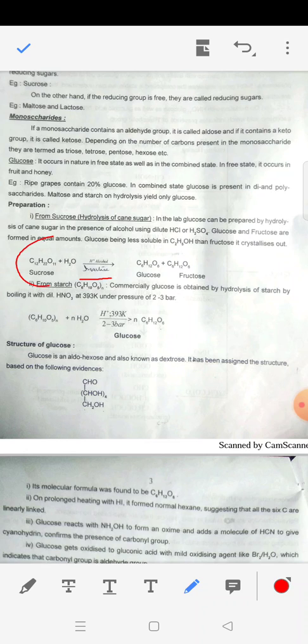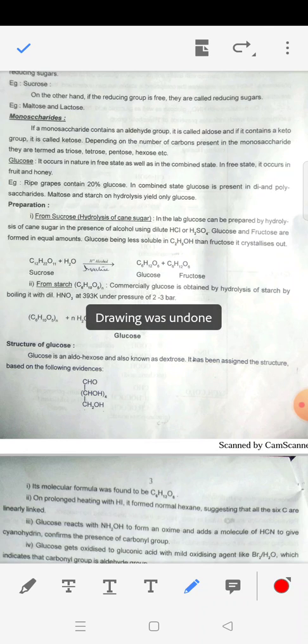When we check the optical activity of sucrose, sucrose is found to be dextrorotatory. Glucose is also dextrorotatory, but fructose is levorotatory. The rotation of fructose is more than that of glucose. So what happens when you begin with sucrose, which is dextrorotatory?